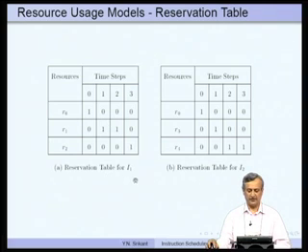So, for the two instructions I1 and I2, we have shown the two reservation tables. So, for example, R0 is used in cycle 0, but not anymore. R1 is used in cycles 1 and 2, and R2 is used in cycle 3. Similarly, R1, R2, R3 are used in cycles 1, 2 and 3.